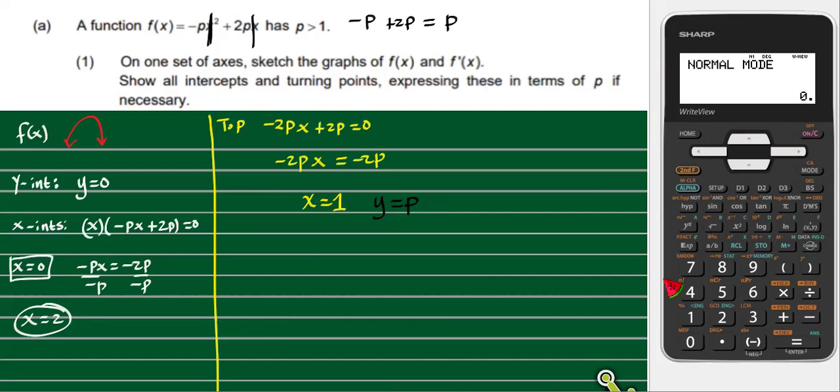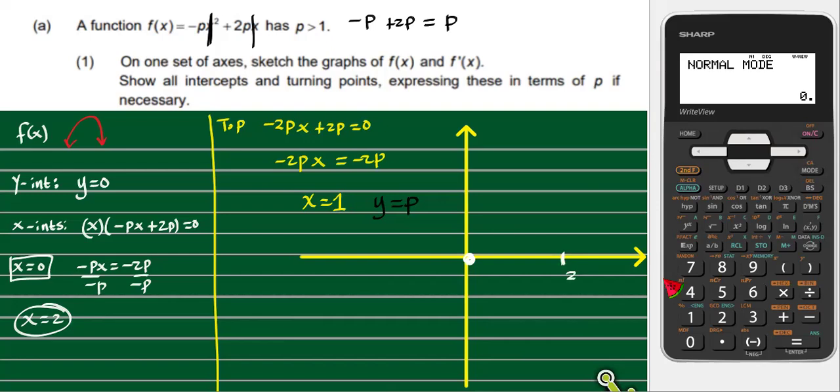So to sketch that first graph of ours, in my mind, I'm like, okay, there it is. I'm going to say the x-intercepts are 0 and 2. It's more to the right. So here's the 0 by the white dot, and then I can put the 2 there.